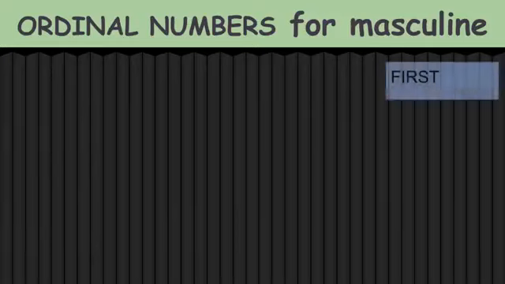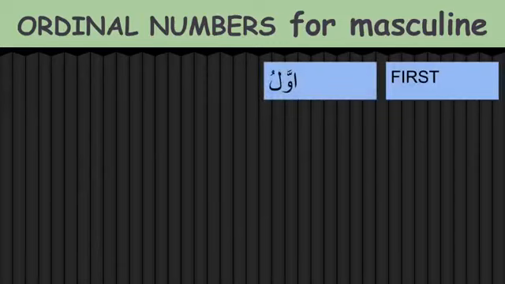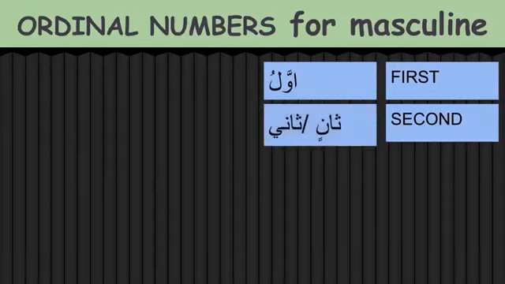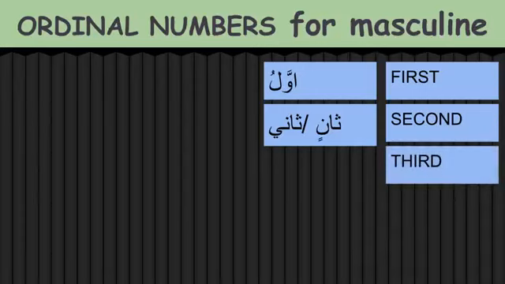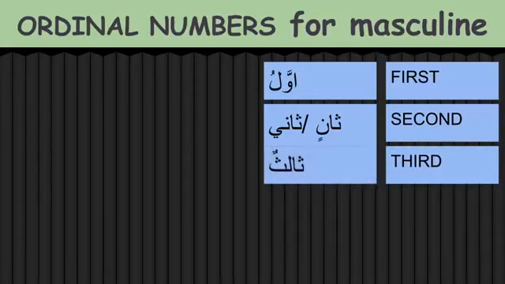So first is said awwalu, and second is called thaniyun or thanin. It's like ghalin, where the ya with dhamma changes into a kasra. That's the pattern here. Thanin or thaniya. Fa'ilun. Third is thalithun.